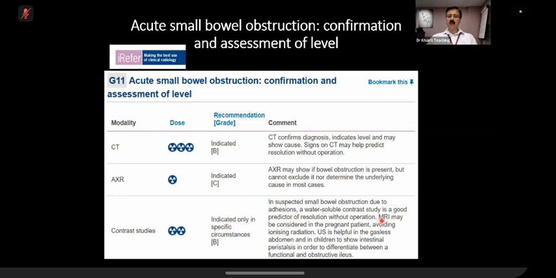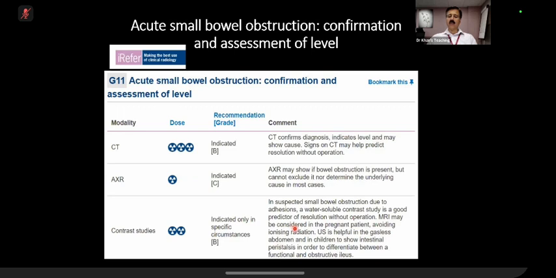Next, MRI may be considered in pregnant women, avoiding ionizing radiation. Important concept. Again, can be asked in the exam. Then, ultrasound is helpful in gasless abdomen. There are many conditions in which a patient can have a gasless abdomen and have intestinal obstruction.